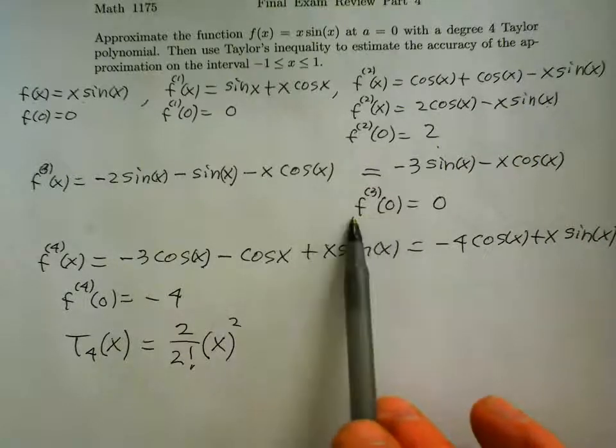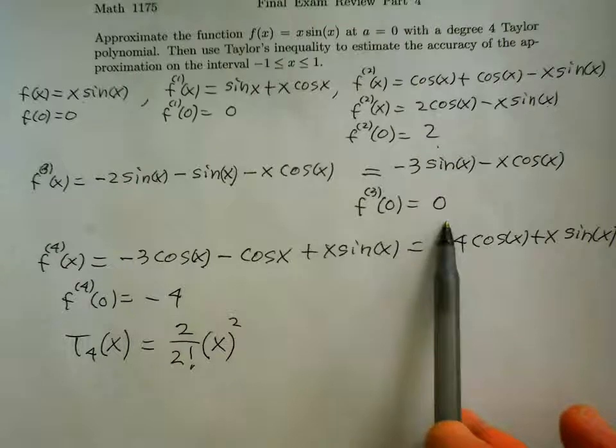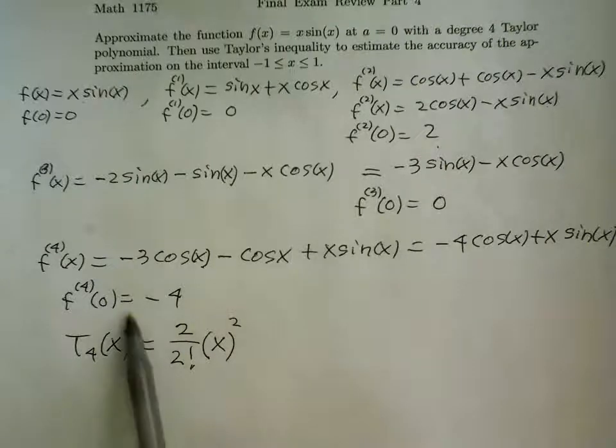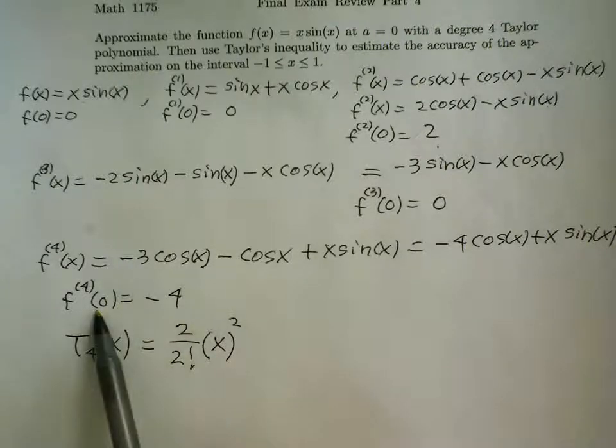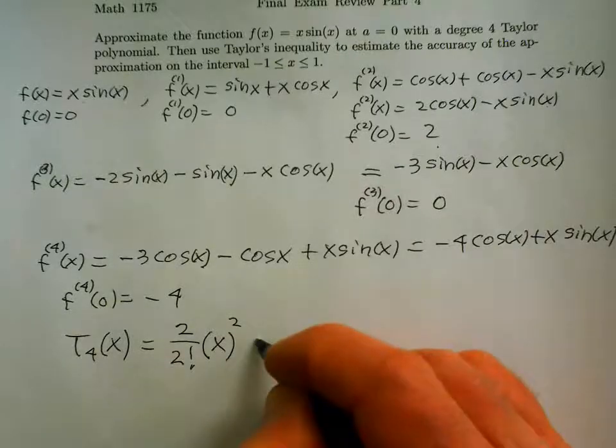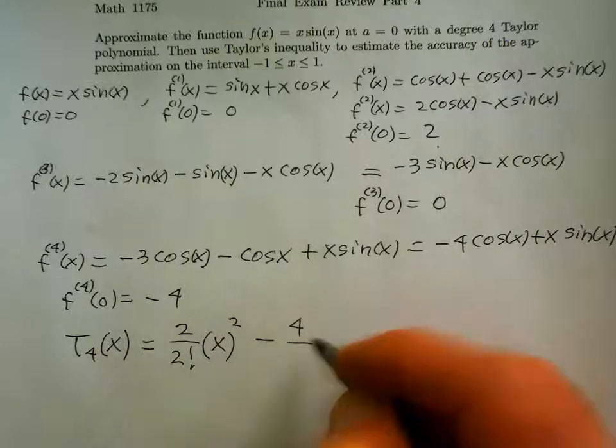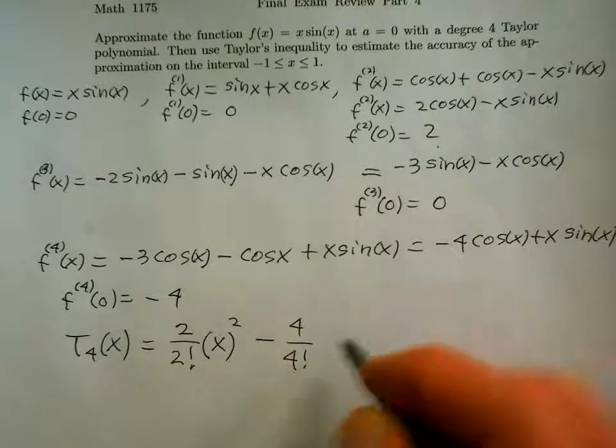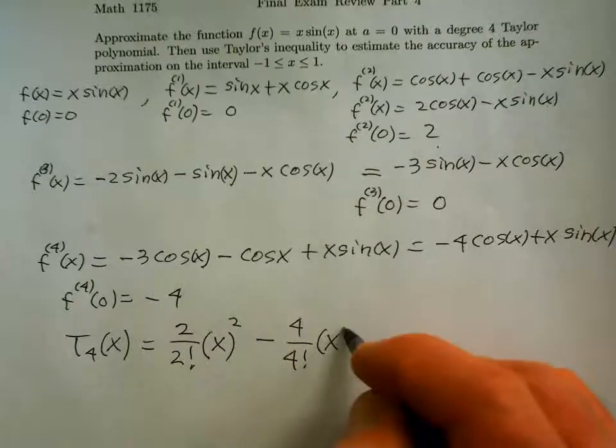The third derivative evaluated at 0 is 0. And then finally, the fourth derivative evaluated at 0 is negative 4. So this is minus 4 over 4 factorial times x to the fourth.